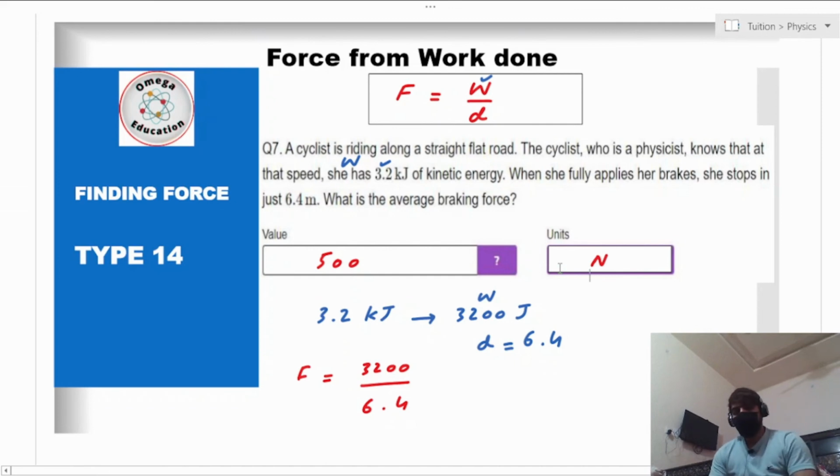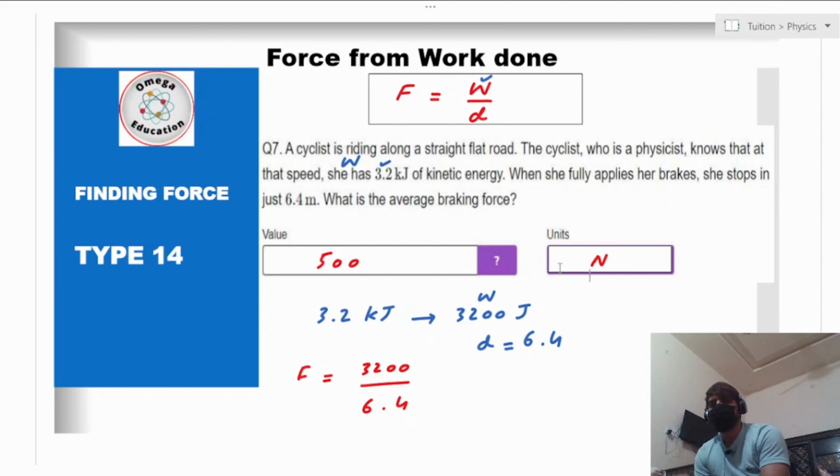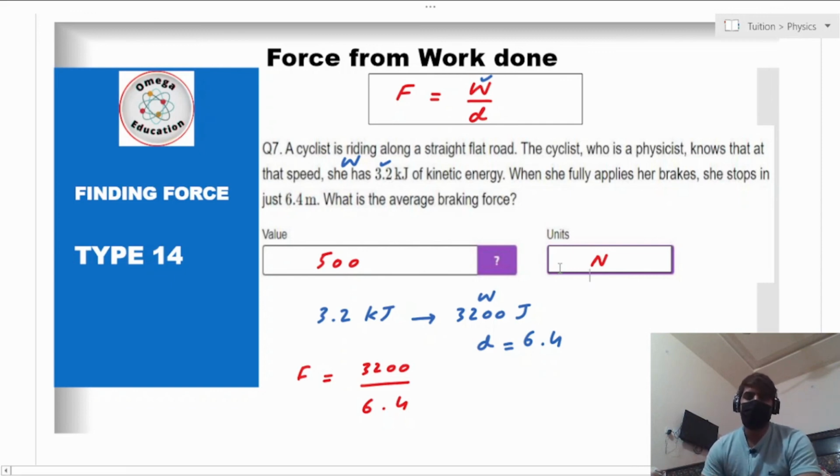So these are all the cases in which you can be asked a question about force, and you always get a question in which you have to find force in acceleration. I've already made a video of acceleration. If you have confusion in how to find acceleration in any given scenario, you watch that video and you'll be able to calculate acceleration in any possible scenario.